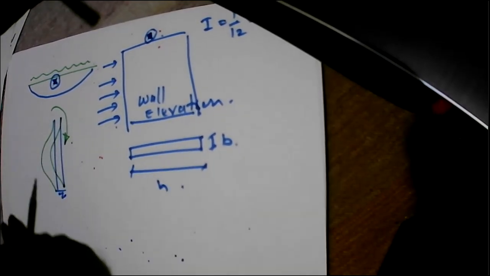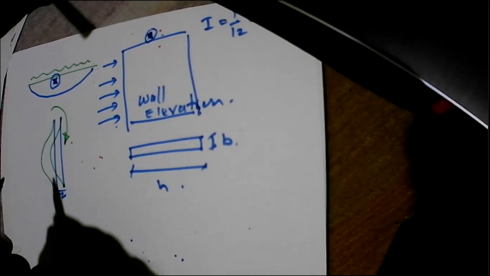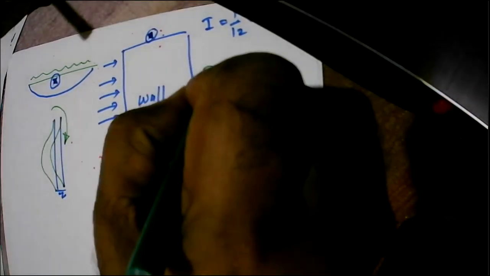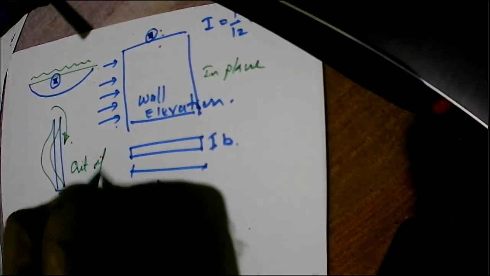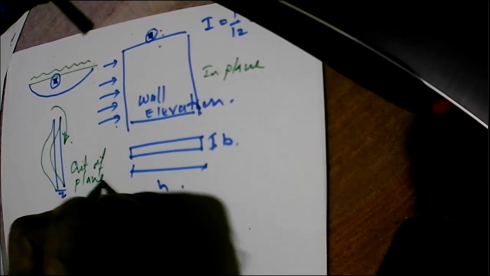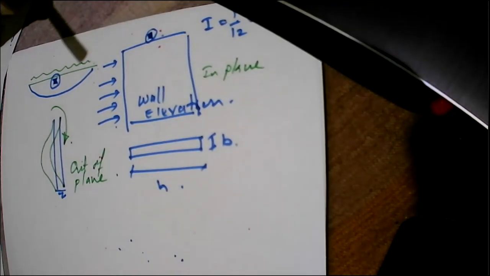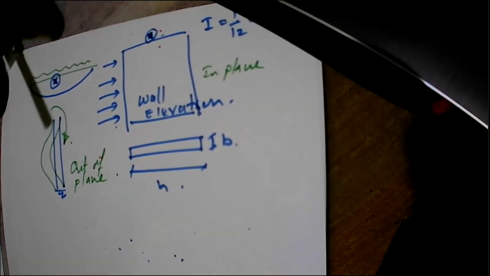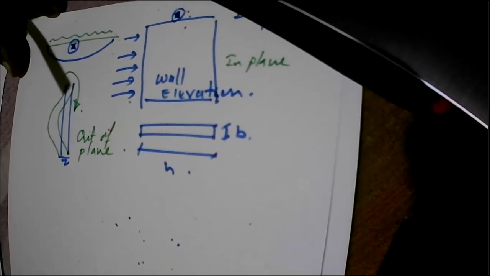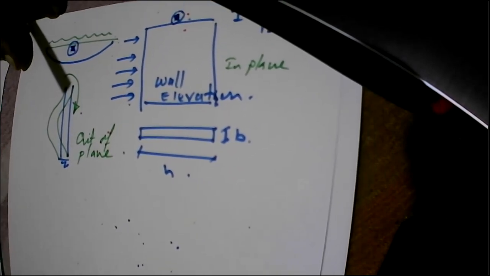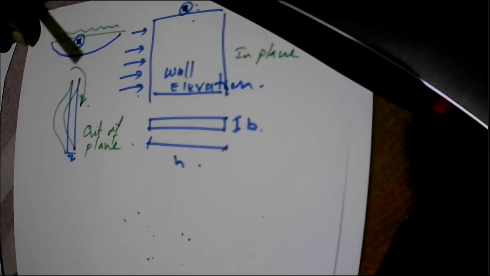So the concrete wall is very good in carrying in plane loads. These are out of plane loads. The wall is not very good. The wall is not very efficient. So we should try and minimize the moments transferred onto the wall.